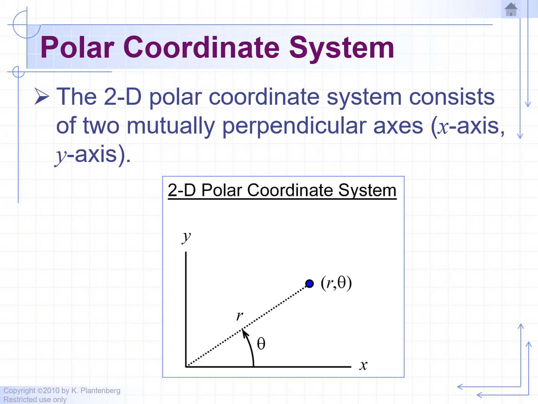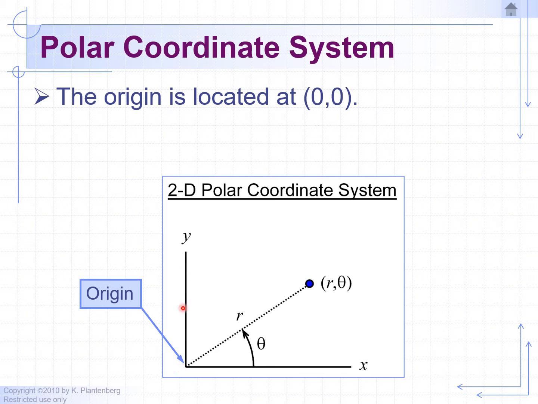Polar coordinate system. We're going to use our X and Y axis, and we're going to use a length and an angle to locate our point. Using the origin where the x and y axis intersect, that defines our coordinates 0, 0, our xy coordinates.